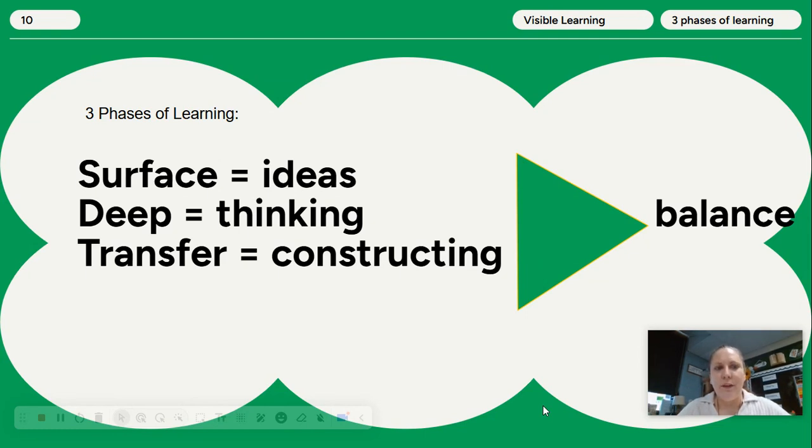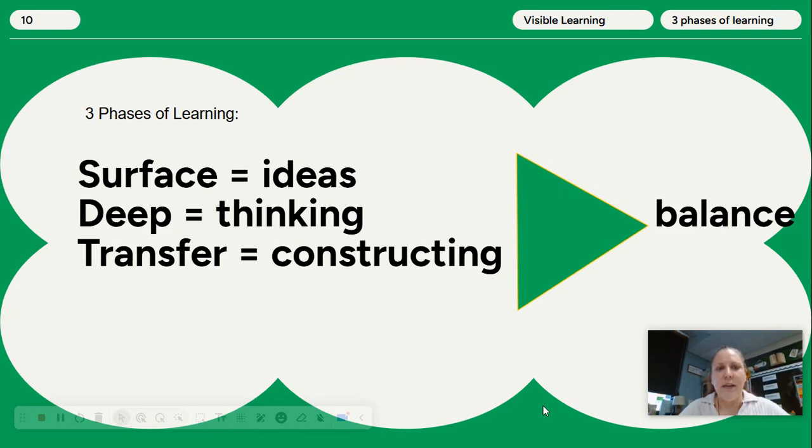A little bit of review. So the three phases of learning are surface, deep, and transfer learning. Think of the two main ones as surface and deep learning. And then transfer is how do you transfer from surface to deep learning, or how do you transfer from deep learning to constructing thinking.